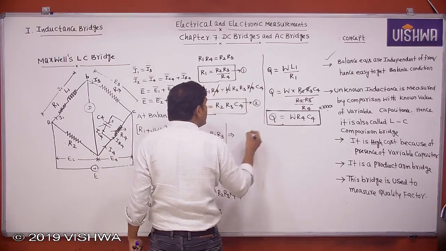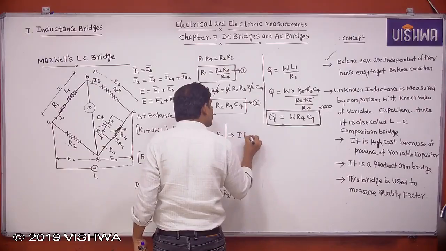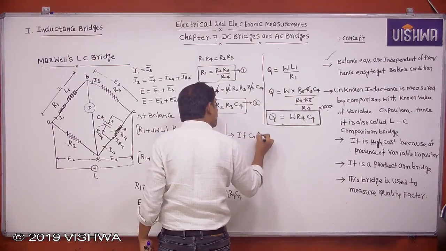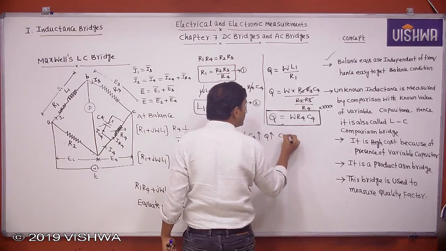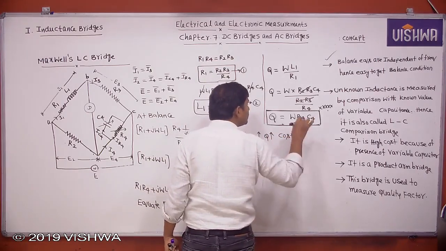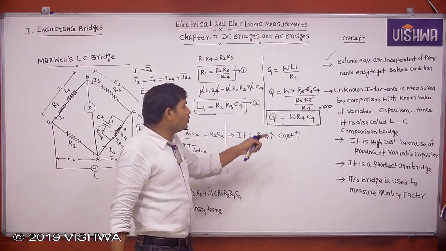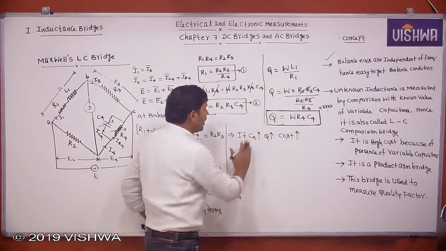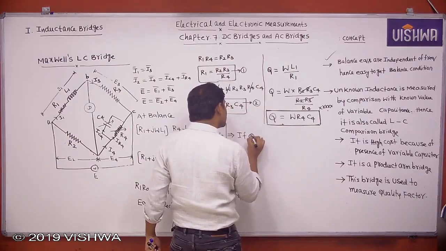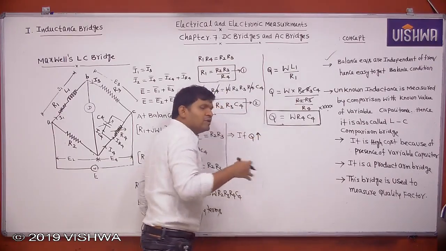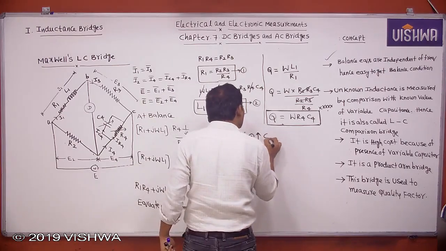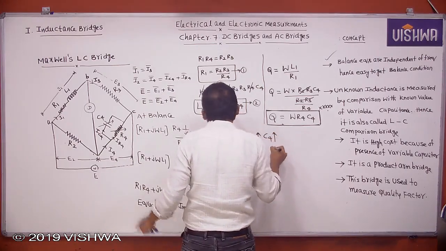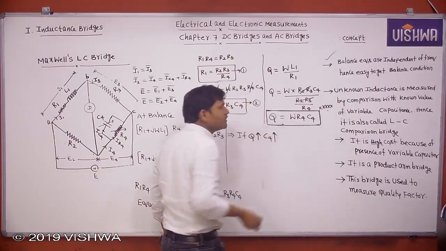If C4 increases, Q also increases, then the cost increases. That means if you want to use this bridge for high Q coils, what happens? If Q increases, then to measure the high quality factor in this circuit, we connect the high value of C4.